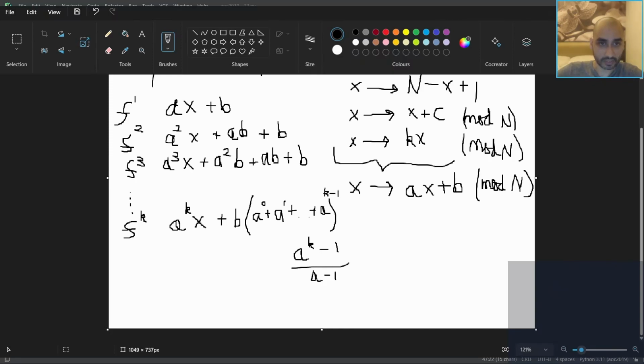Sum of a geometric series: r to the 0 plus r to the 1 plus dot dot dot plus r to the n minus 1 equals r to the n minus 1 over r minus 1. Yeah. And this is A. Okay, fine. So that is the final formula.